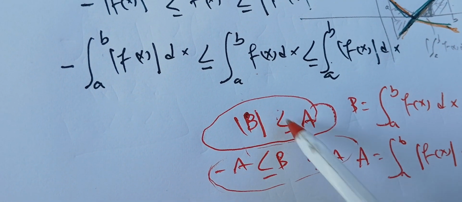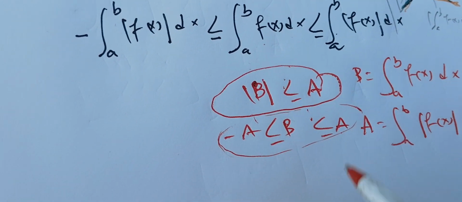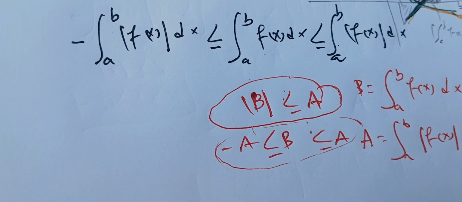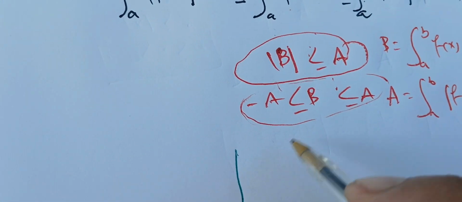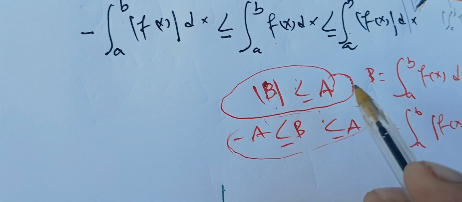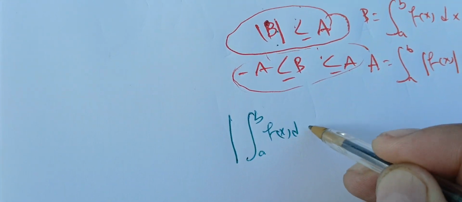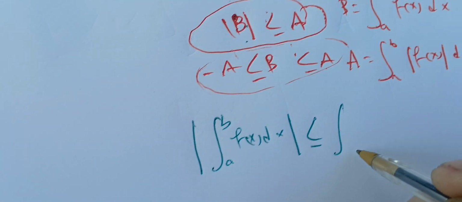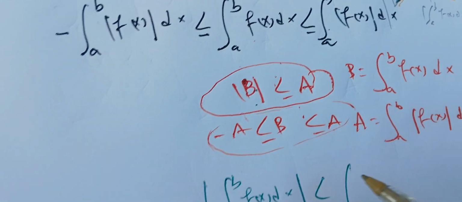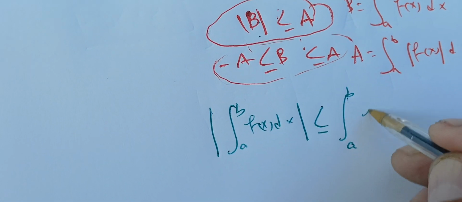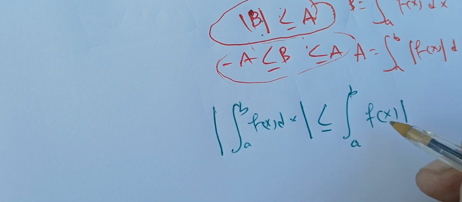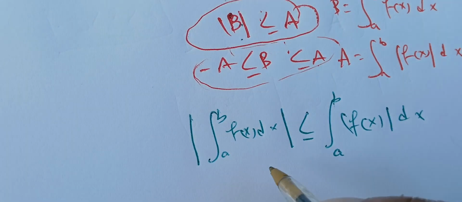That means the absolute value of B, which is the integral between a and b of f of x dx, is less than A, which is the integral between a and b of the absolute value of f of x dx.